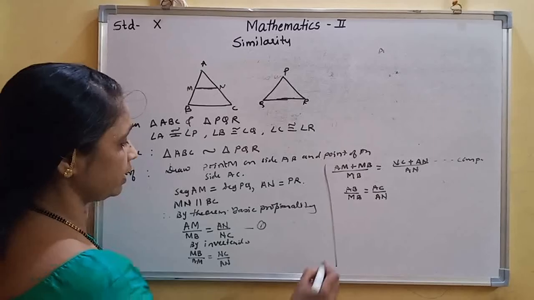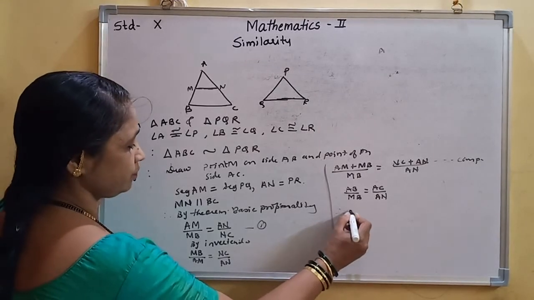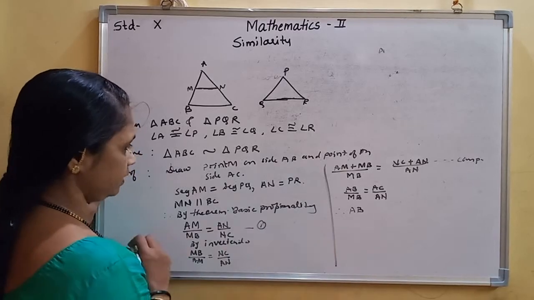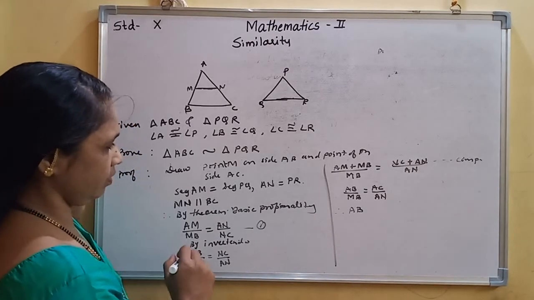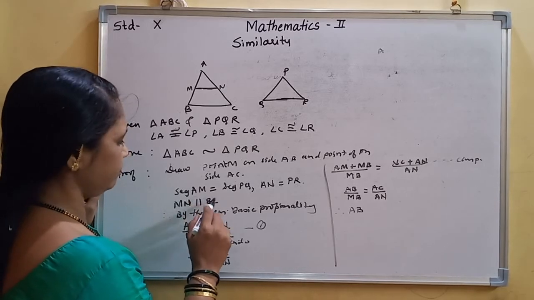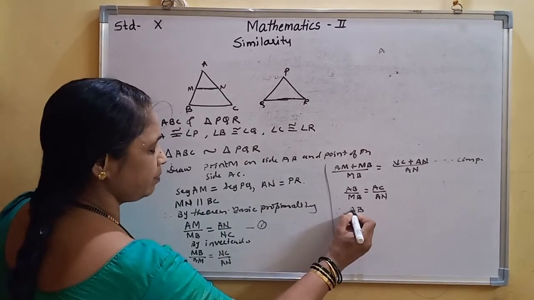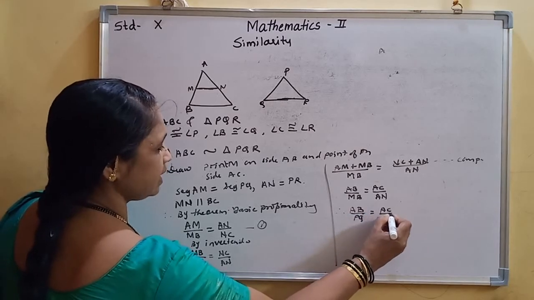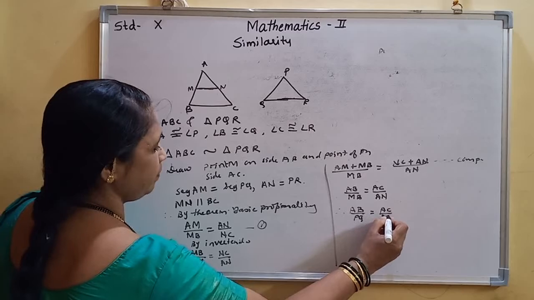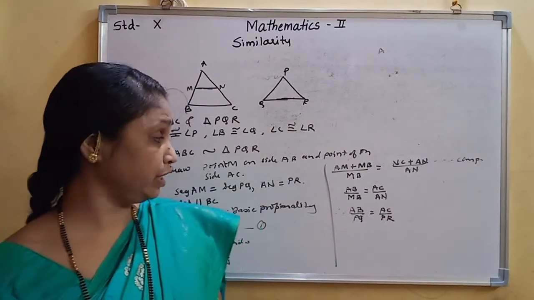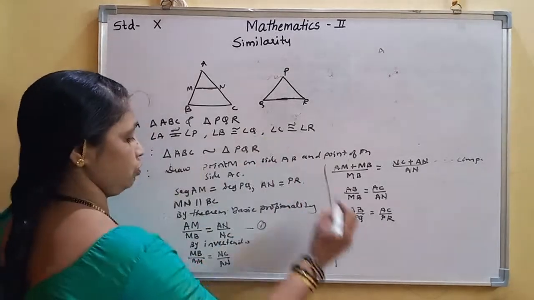Therefore, here AB upon PQ is equal to AC upon PR. Okay. Similarly, we can show this also.